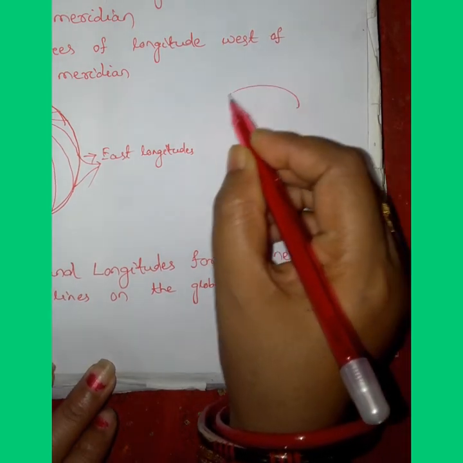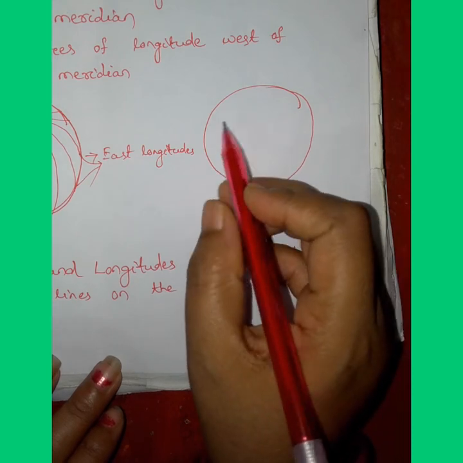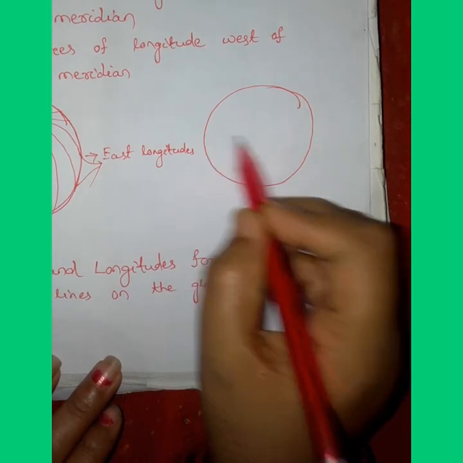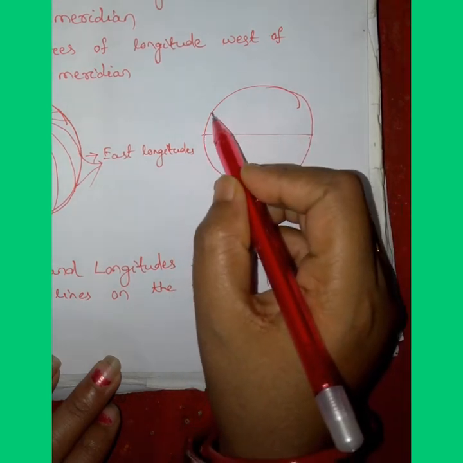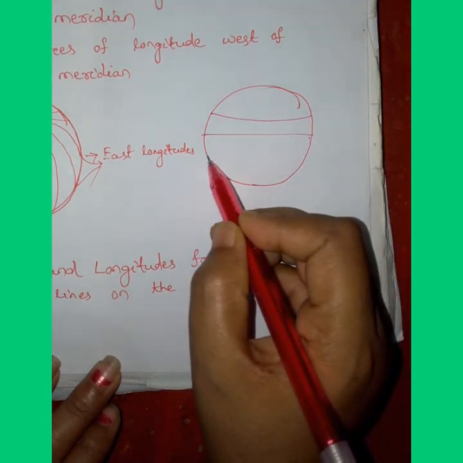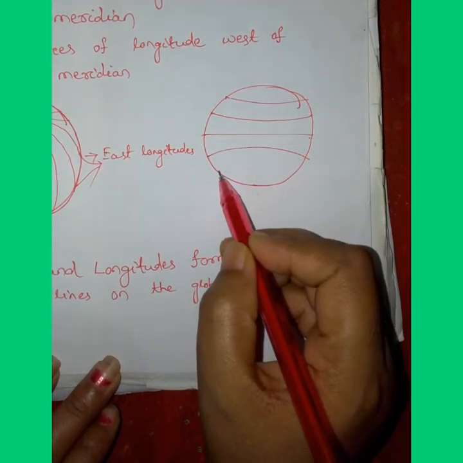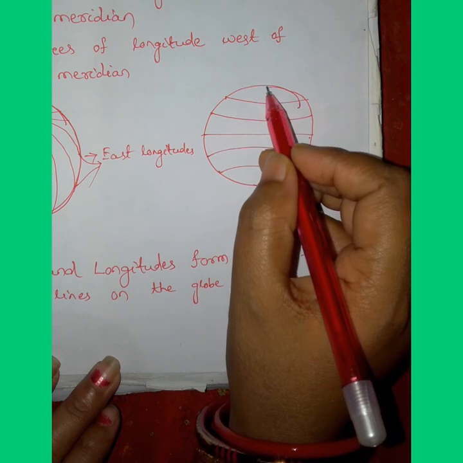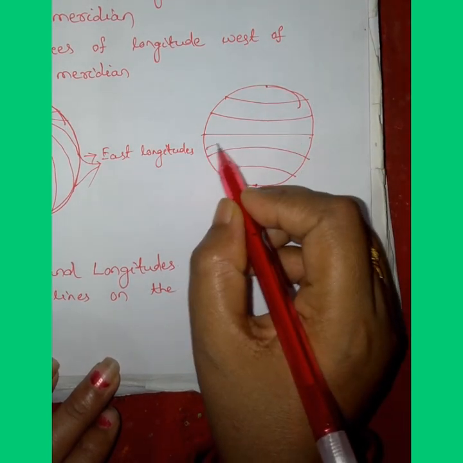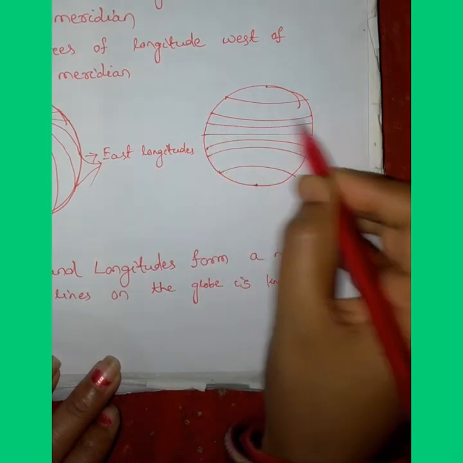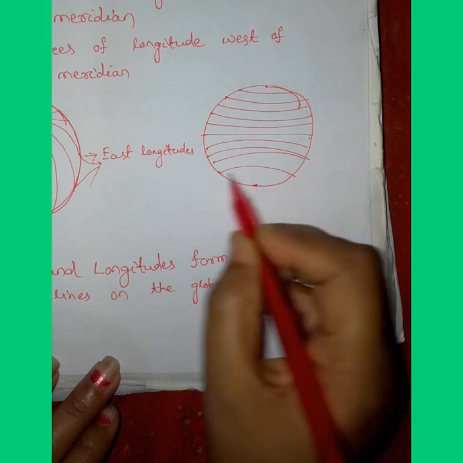See, this is the shape of the earth. We know that the latitudes are drawn from east to west. This is the equator, this is the Tropic of Cancer, this is the Tropic of Capricorn, this is the Arctic Circle, this is the Antarctic Circle, this is the North Pole and this is the South Pole. Like this, other latitudes are also drawn on the surface of the earth.